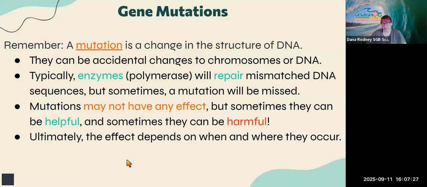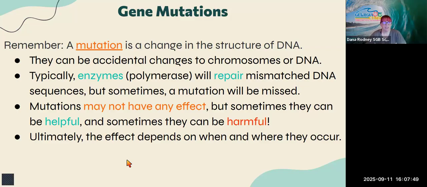So gene mutations are mutations that change the structure of the DNA during replication. They can be accidental changes to chromosomes or DNA. This can happen just by mistake. Sometimes the wrong nucleotide gets called in. Typically, enzymes like polymerase will repair that mismatched DNA sequence.